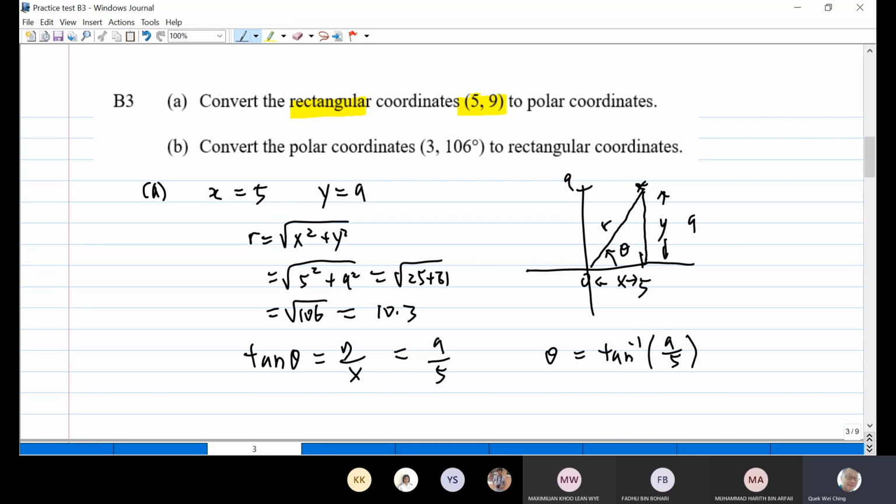Using shift tangent inverse, put 9 over 5 here, and you get 60.9.